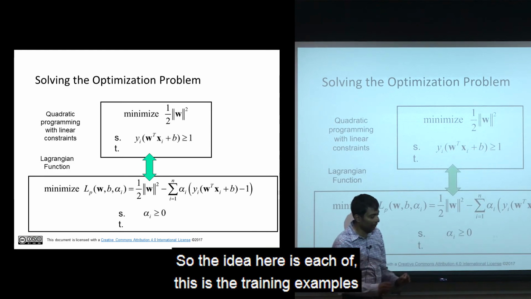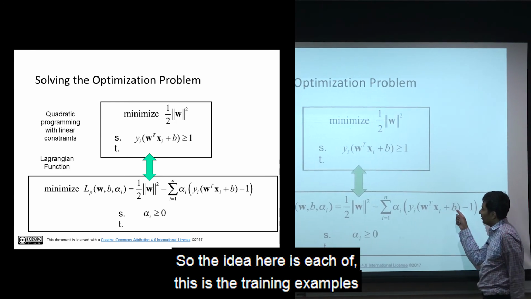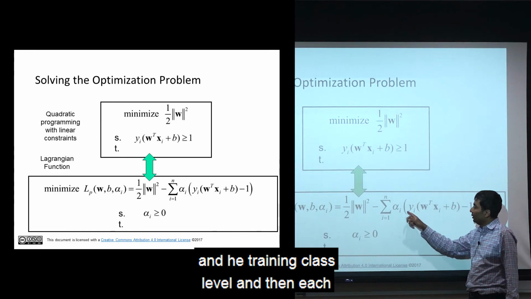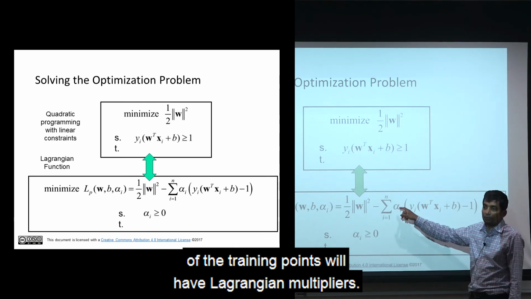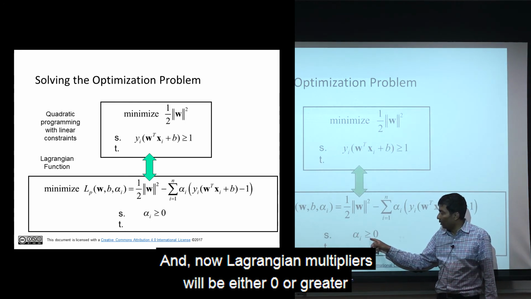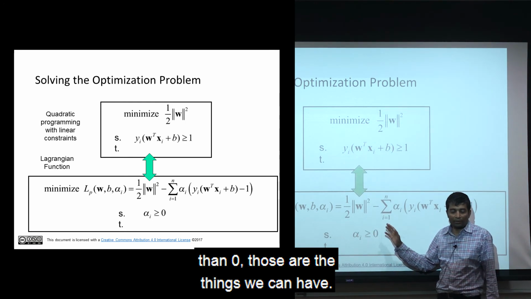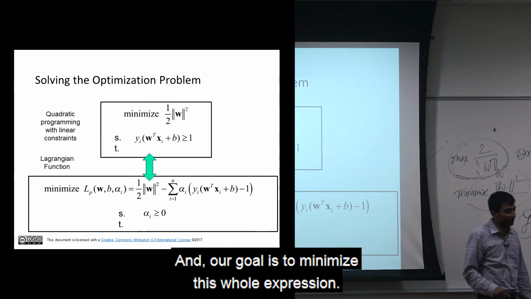So each training point will have a Lagrangian multiplier, which will be either 0 or greater than 0. That's what we can have.